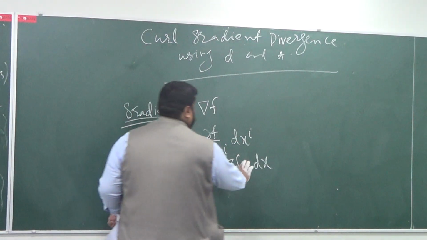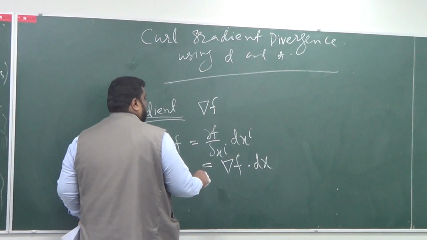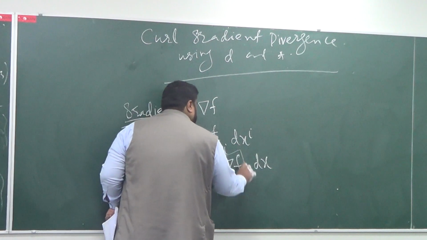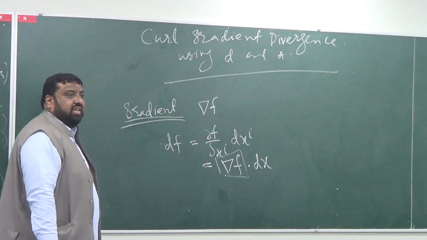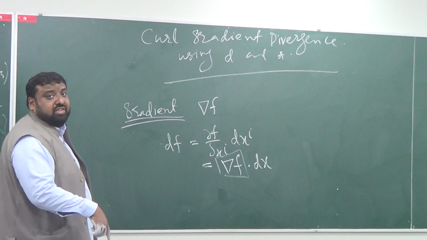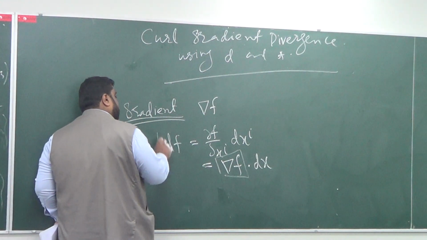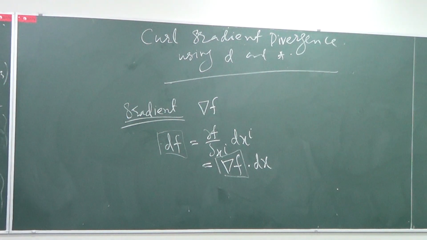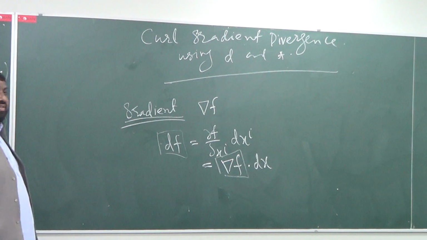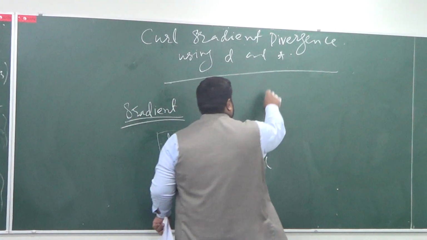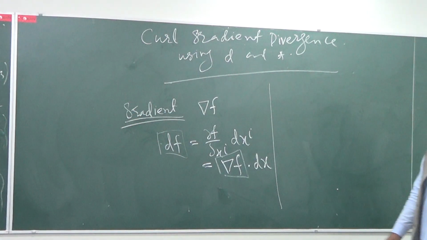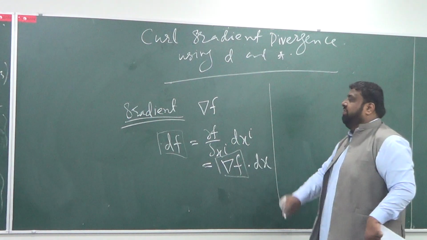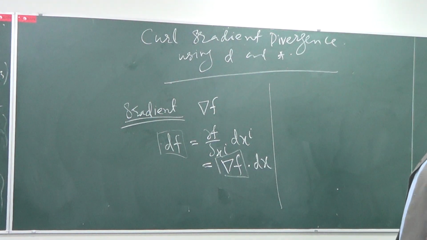This is just a specification of coordinates. So in other words, the gradient of f, when written in the language of exterior calculus, is basically the exterior derivative of this zero form, the scalar field. That's the differential form representation of the gradient.